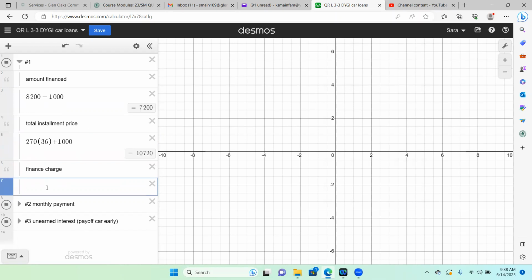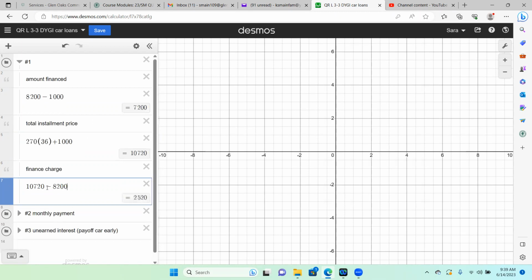So the total installment price was $10,720. The finance charge is the total installment price, so the $10,720, subtracting the price of the item, and the price of the item was $8,200. So the finance charge is the interest basically that you're paying to borrow the money for the 36 months.